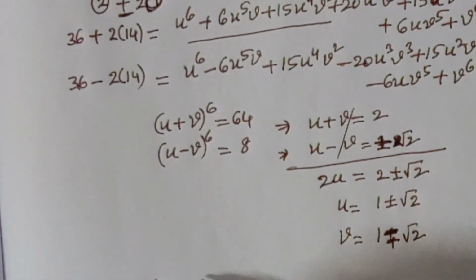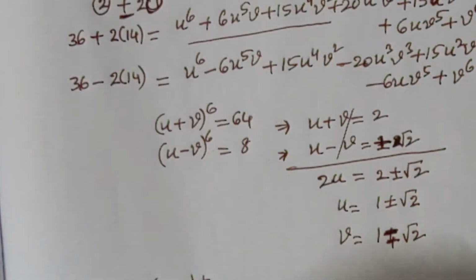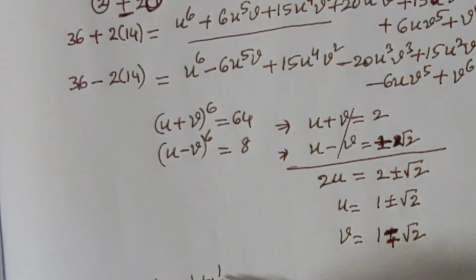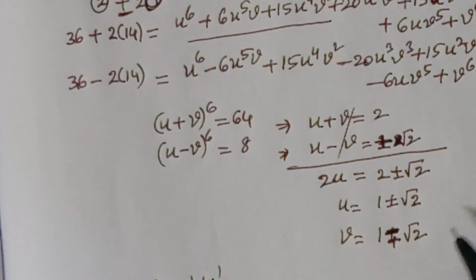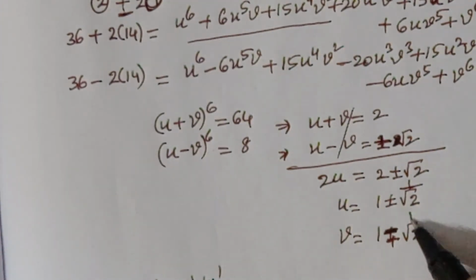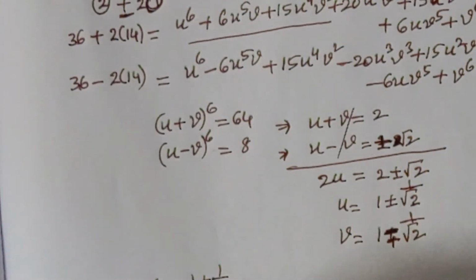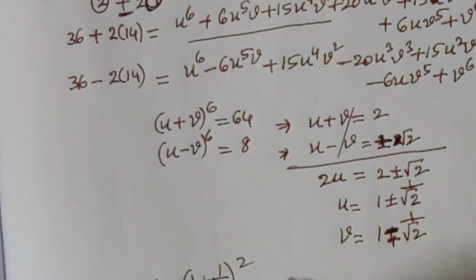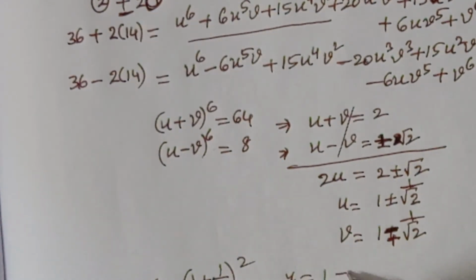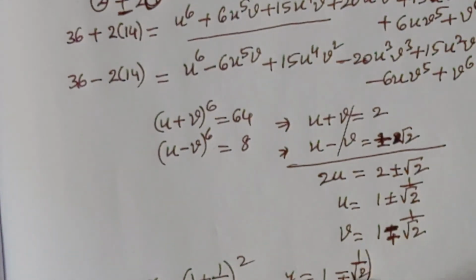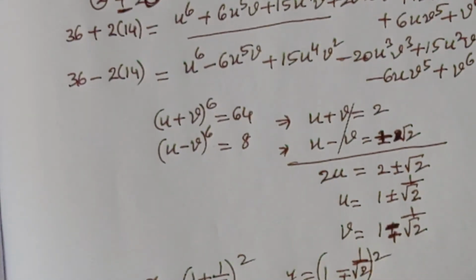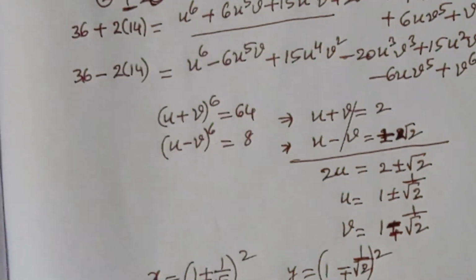So here x = u², that is x = (1 + 1/√2)², and y = (1 − 1/√2)². Squaring, we get the x and y values.